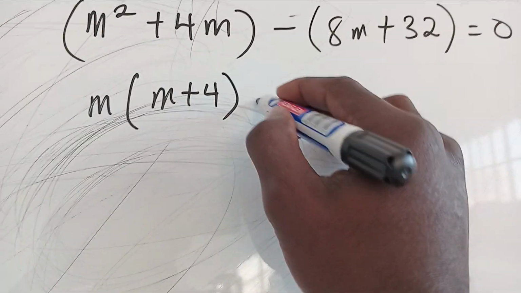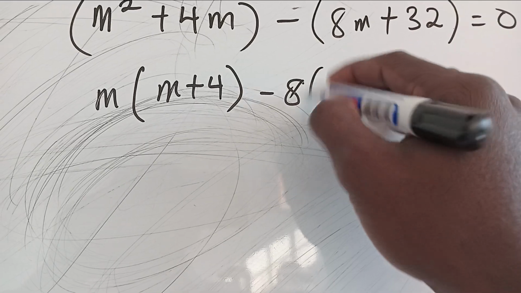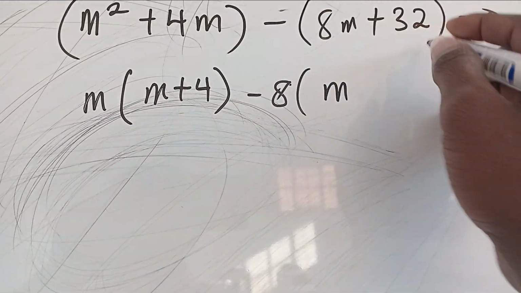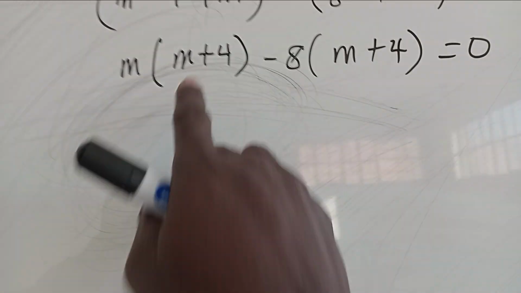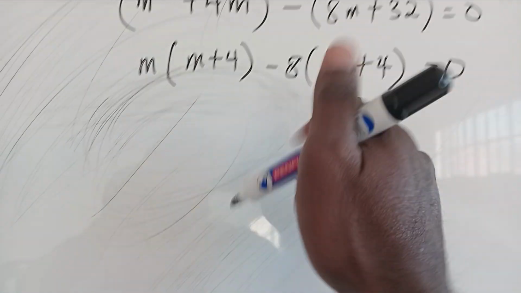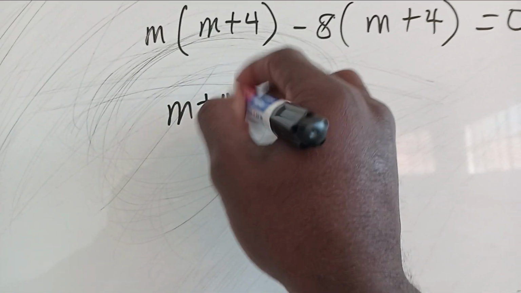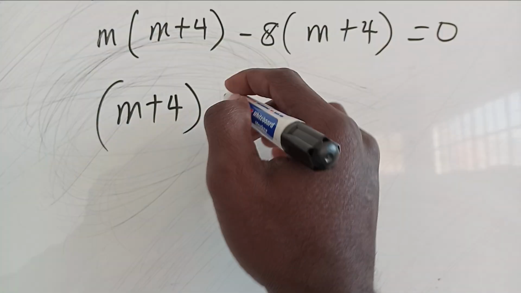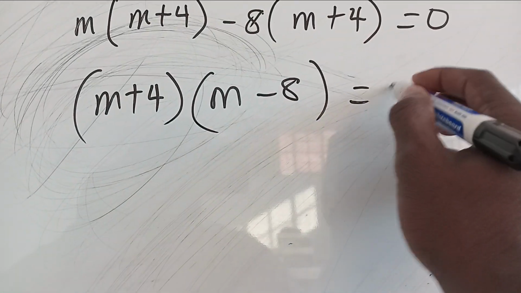The common factor here is 8. You have your 8 into m plus 4 equals 0. Now you can see we have common factor, which is m plus 4. So you have your m plus 4, you take it as 1, and m minus 8 equals 0.